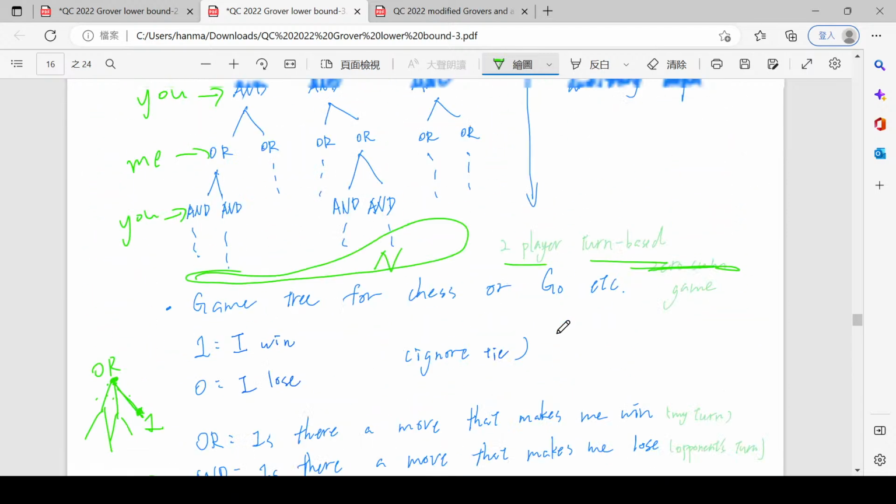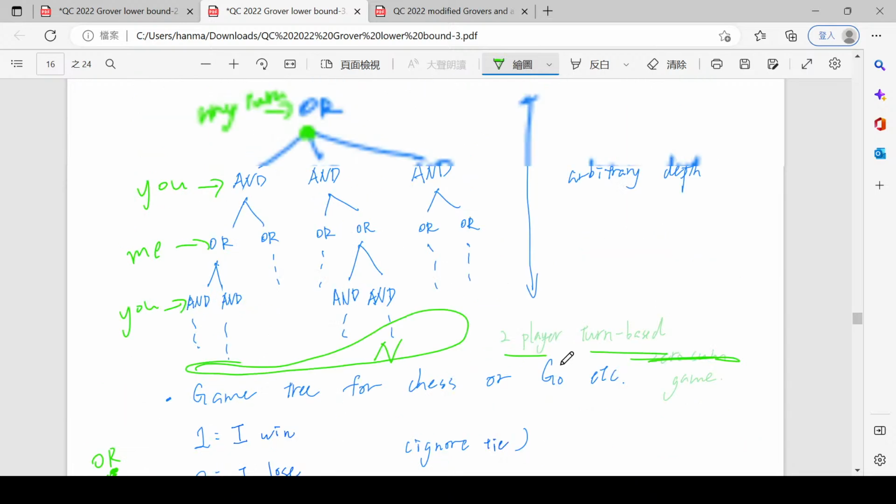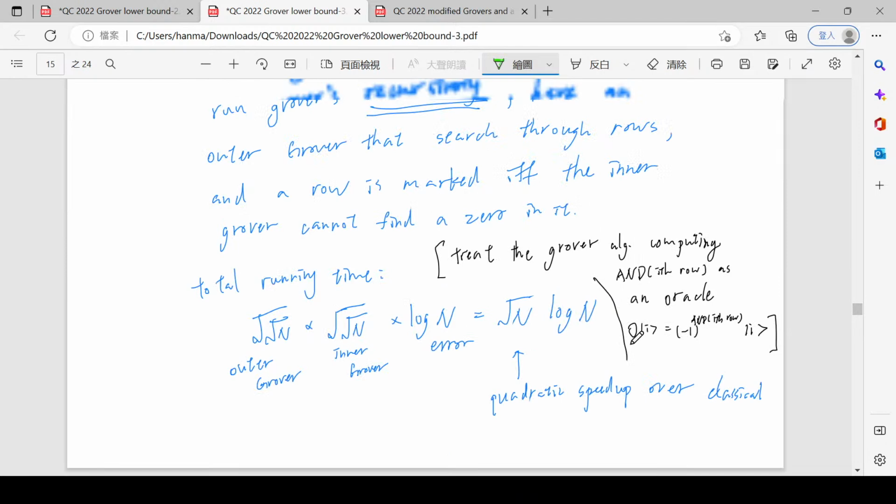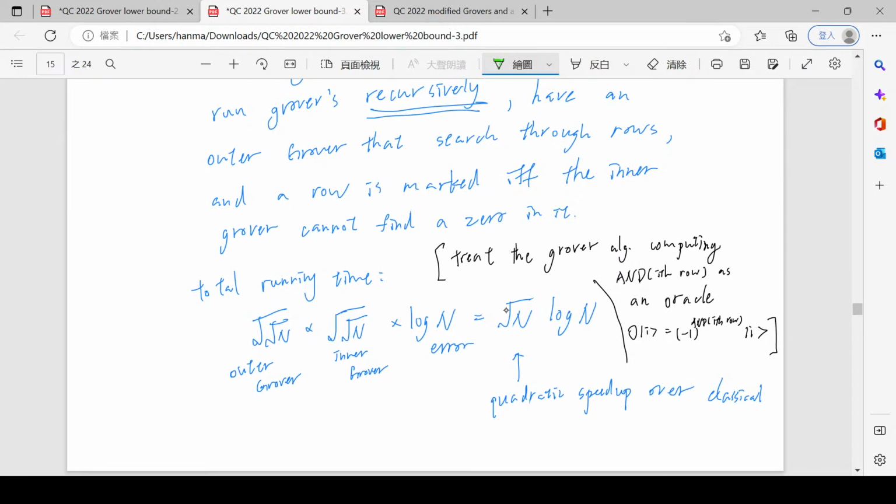But that actually doesn't work, and we will not describe this in detail. The problem comes from this log N factor.